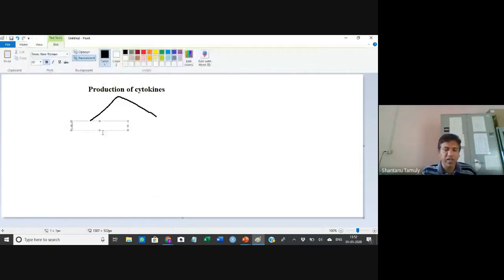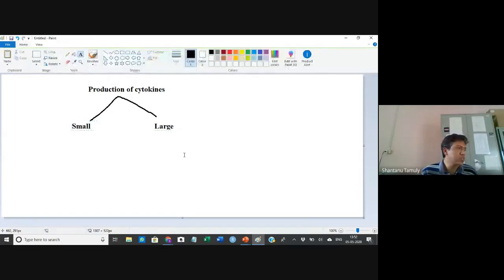So if a small amount is produced, or when large amounts are produced. Now in this case, what will happen when you have a small amount?